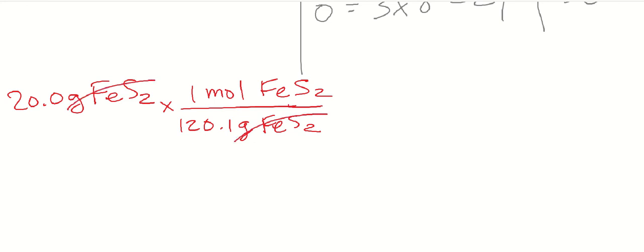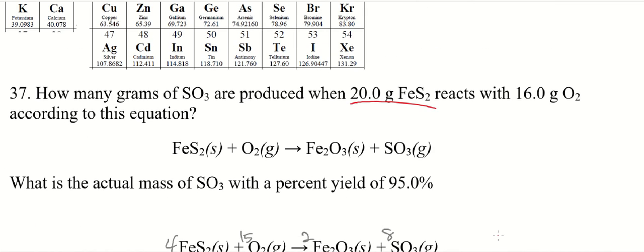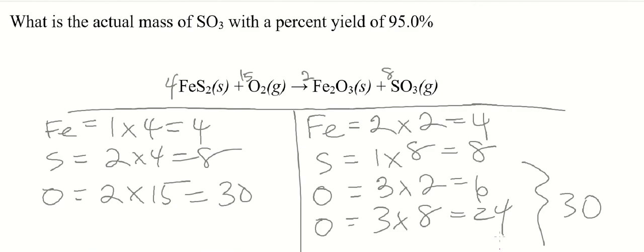Let's cancel that out. Step 2 is going to use the mole ratios to convert to the substance we're looking for. So we want to get rid of iron. We don't want to know about iron disulfide. We want to know about how many grams of sulfur trioxide.